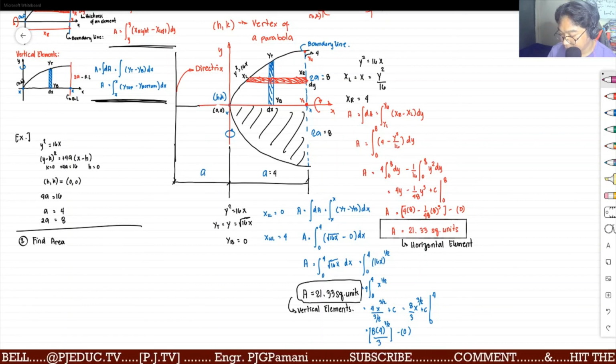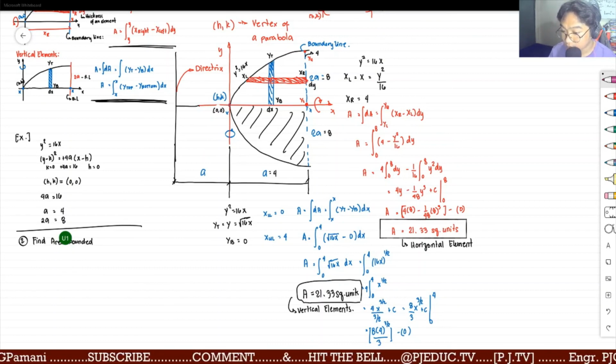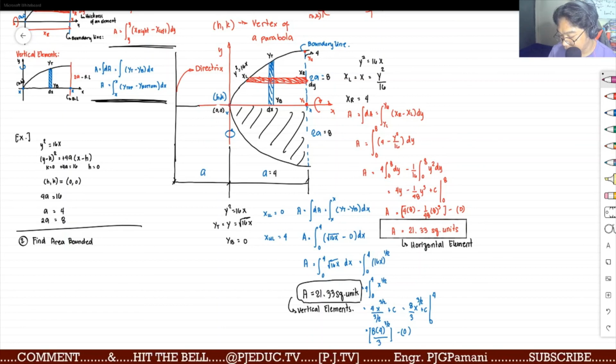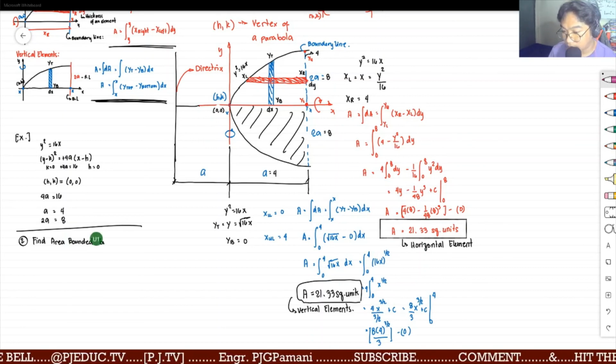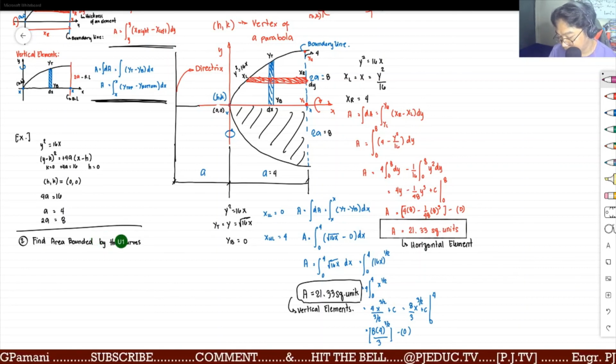Find the area bounded by the curves and lines.